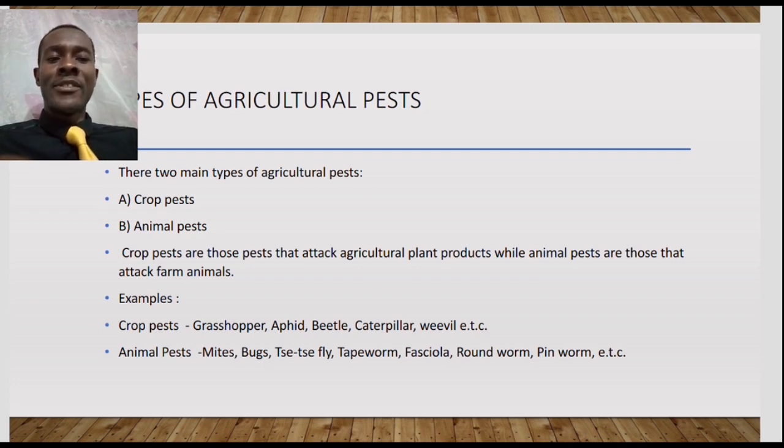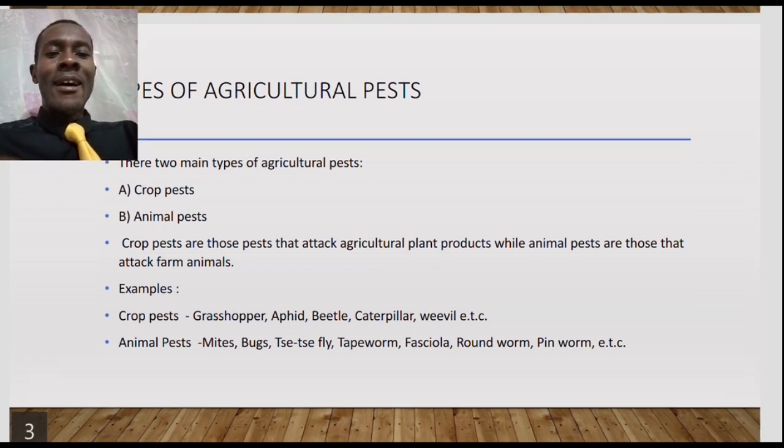You have Fasciola hepatica, you have Fasciola gigantica, and so many other ones. They all belong to the common name of a parasitic flatworm called flukes. The next one, the roundworm, the pinworm, and so many other nematodes that attack farm animals and make life miserable for them, affecting the productivity of those farm animals. These are just a few examples of crop pests and animal pests.